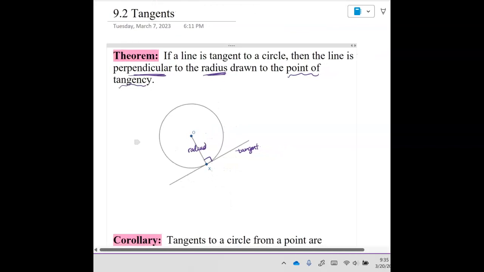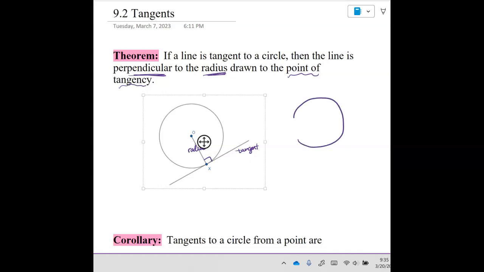Now, I do want to tell you, if you had a circle that was drawn like this, let's see if I can draw a circle there, and we've got the center, and let's say that we have a tangent that's out here, and maybe I had a line that went like that, or maybe I had one that went out here.